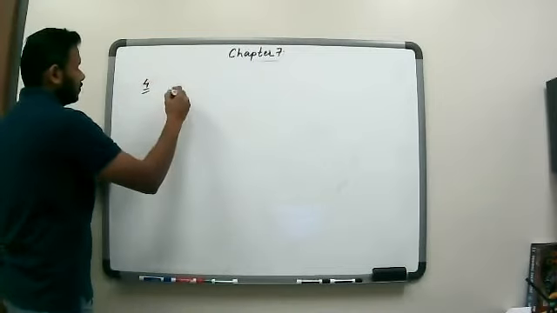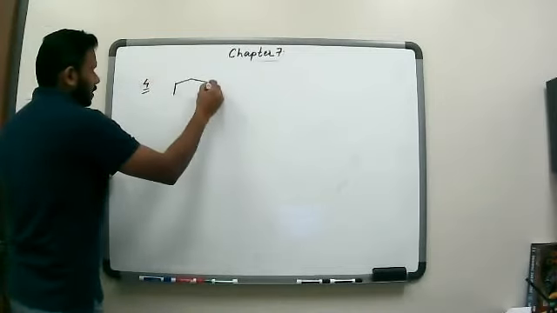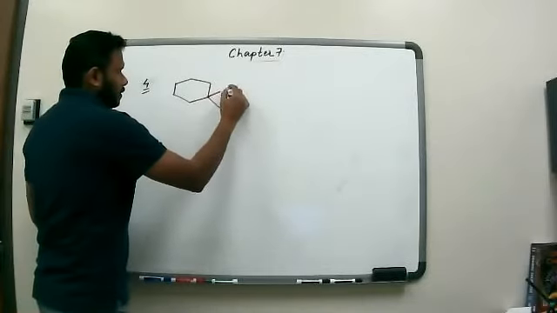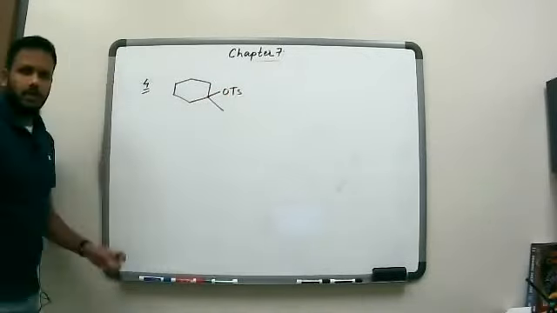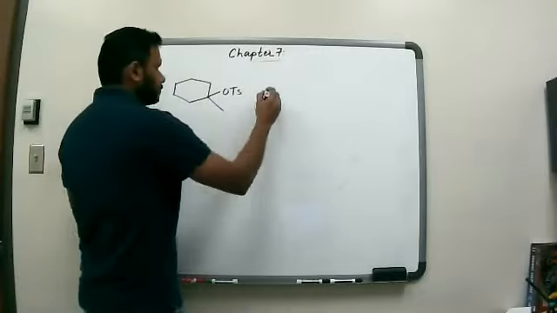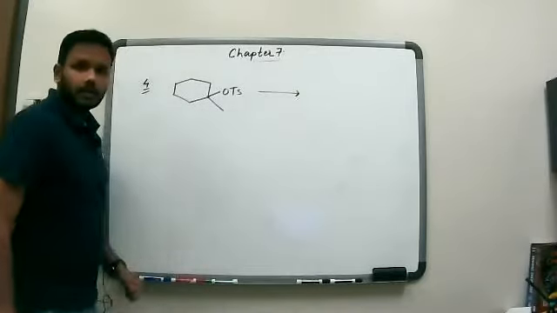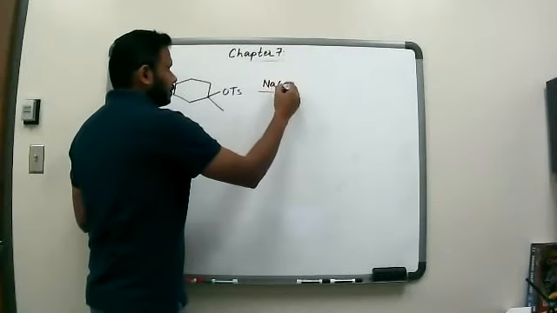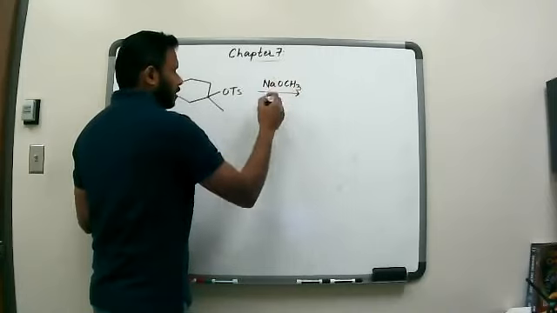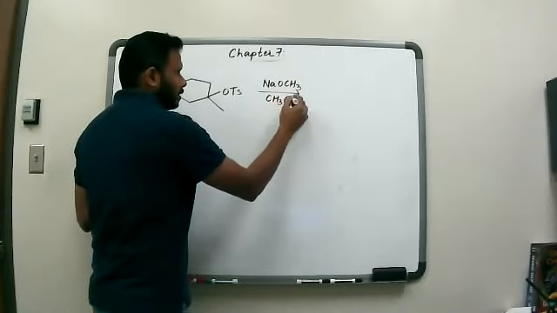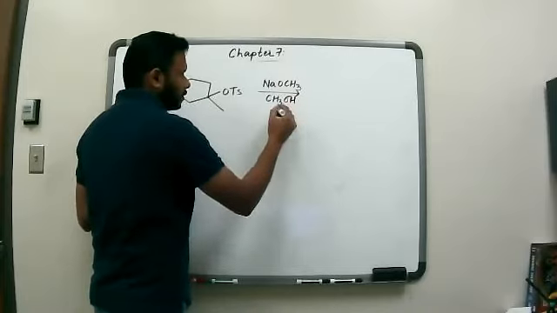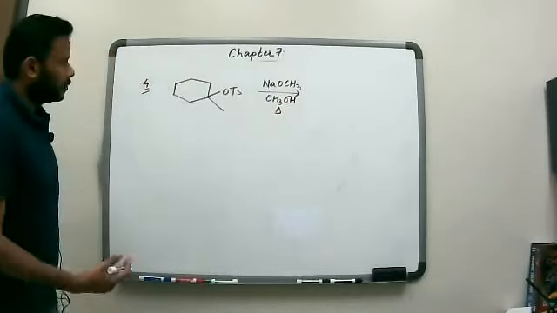So example number 4, let's say we have a tosylate like that, and we react this with sodium methoxide in methanol as solvent, and you could heat this. Let's say those are our conditions.